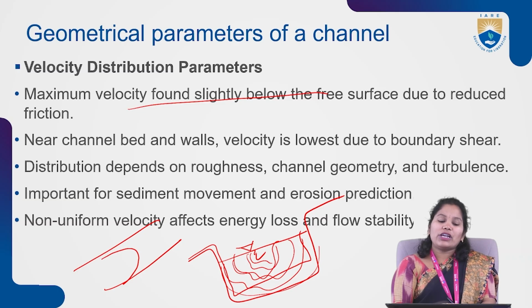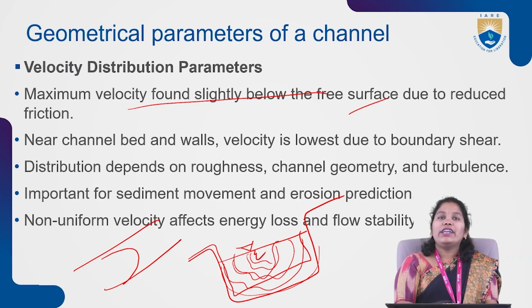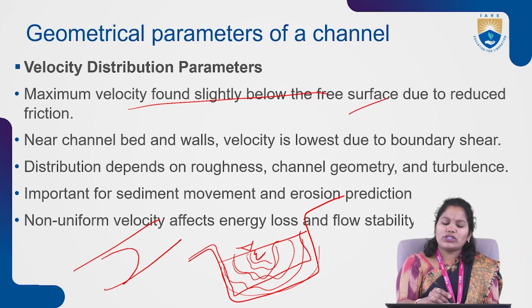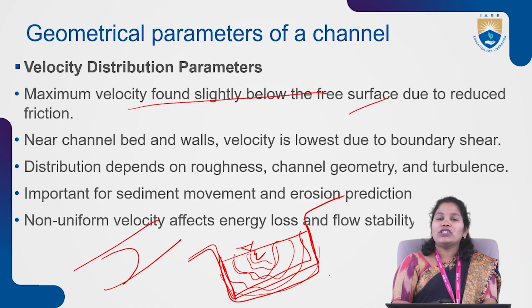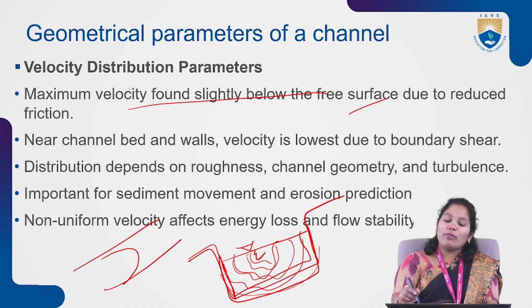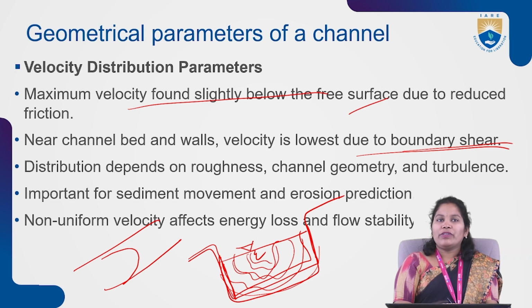So depending upon your channel, we see different types of profile. Near channel beds and walls, velocity is very low. At the boundaries, obviously the velocity is less because of the boundary layer, the boundary shear, and the frictional resistance.